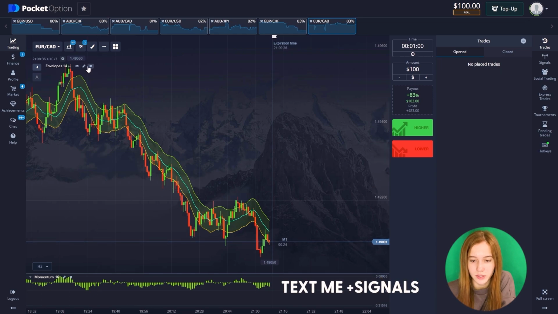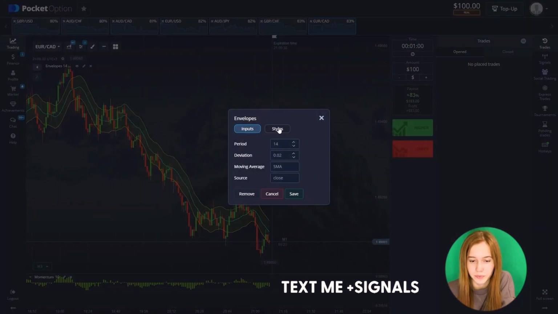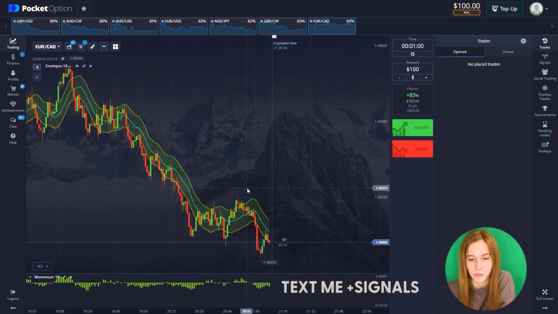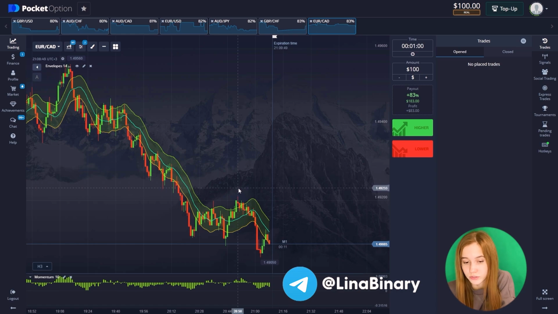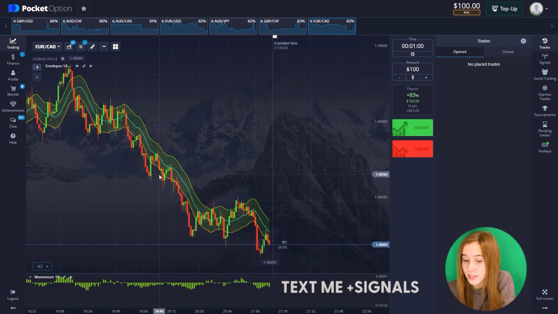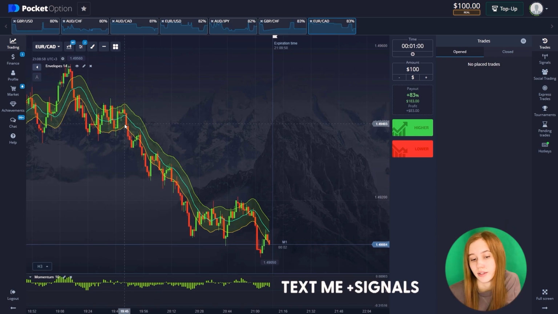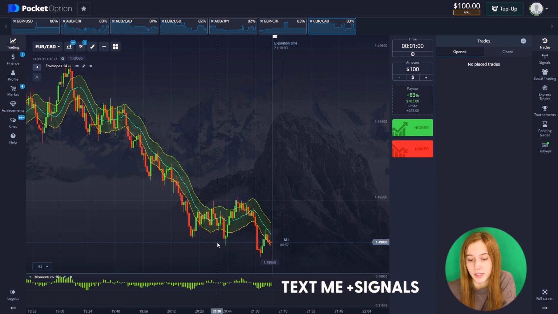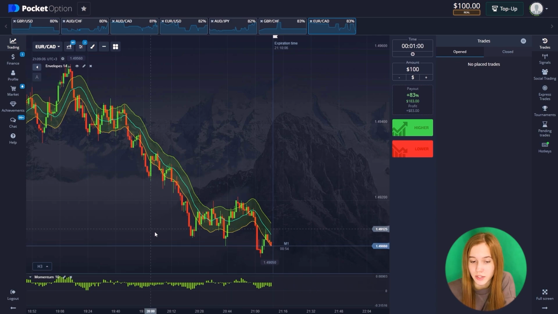So this indicator, you see these settings. This indicator determines consolidation. In many cases it acts as an assistant, highlighting resistance levels and sometimes support levels, but not always. That's what we use this indicator for. Then the second indicator, you can see it at the bottom of the screen.